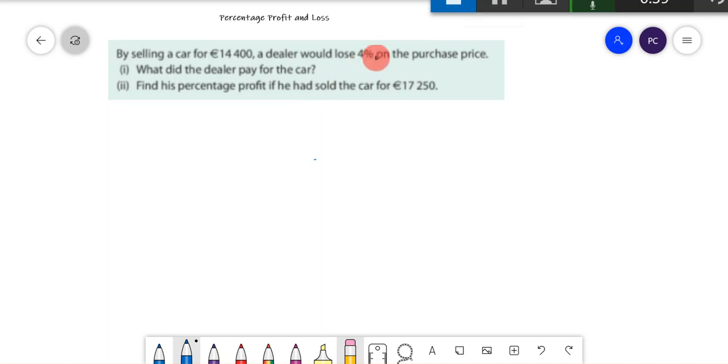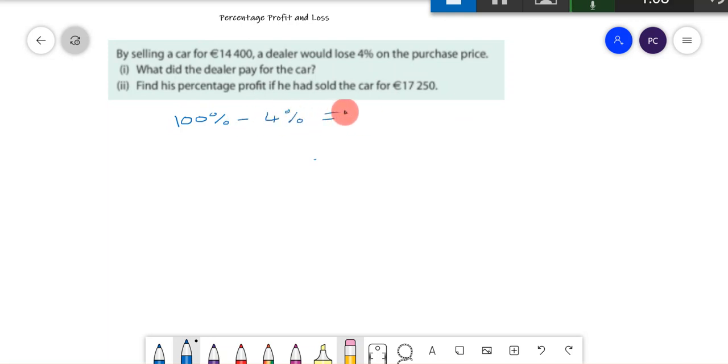So the first thing we notice is this percentage here, which is a 4% loss. And if he sells the car for 14,400, he's making a 4% loss. So what we can work out is that this price here is going to be equal to, in percentage terms, 100% minus the 4%.